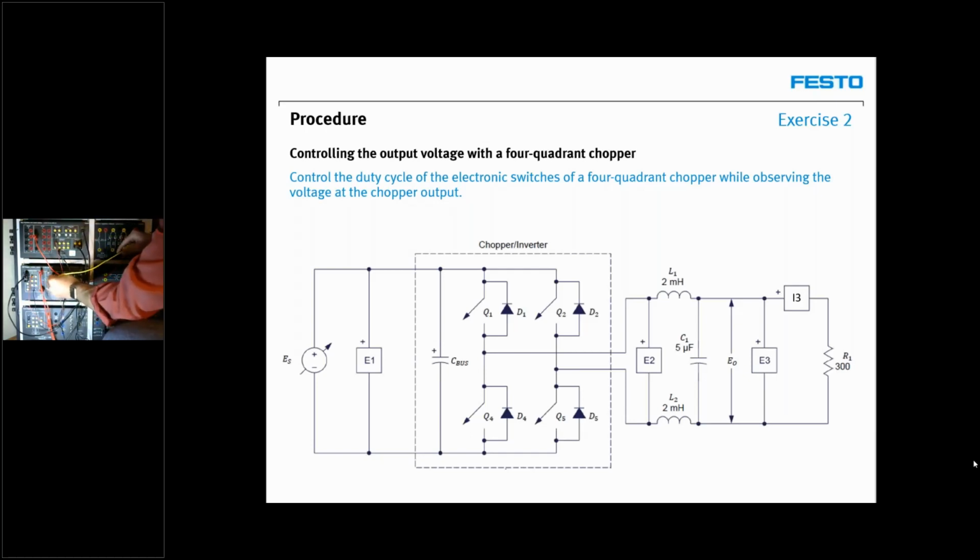So from here to my inductor, which is a 2 millihenry inductor, just like in the picture. From the inductor, I want to go to the capacitor. And at the same time, I want to go from the inductor to the ammeter. Input of ammeter 3 here.